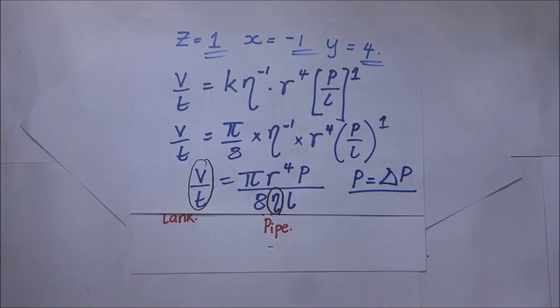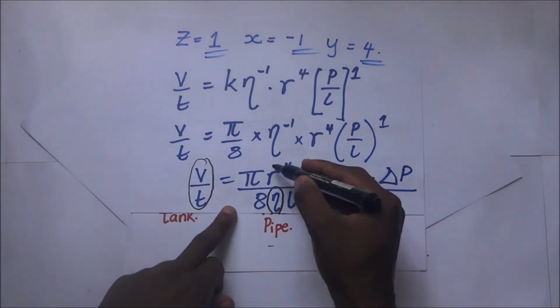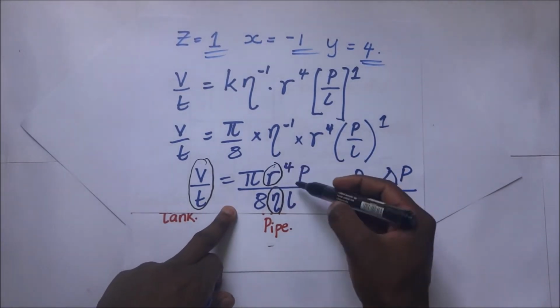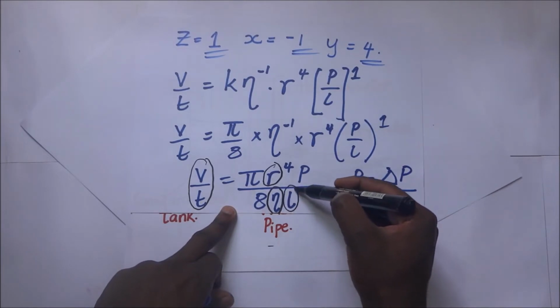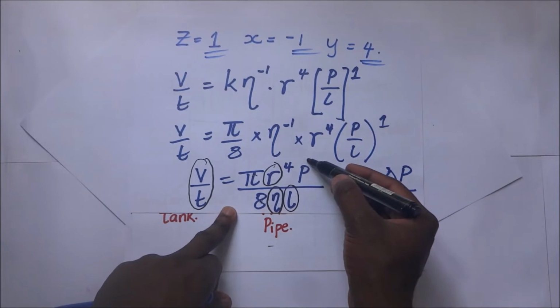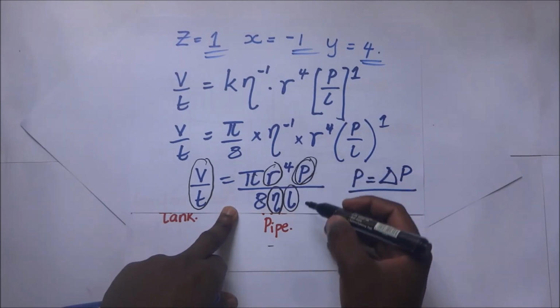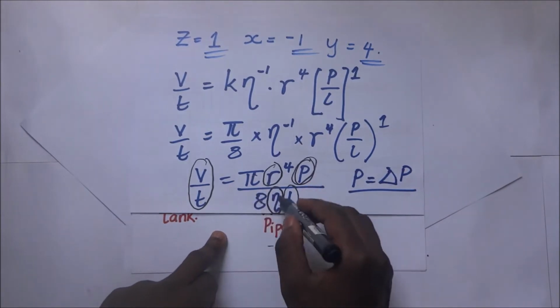After that, we are supposed to find the radius of the pipe we are going to be using and the length of that pipe. These, of course, are constants. Then we are also supposed to know the change in pressure. Then we shall be able to find this.